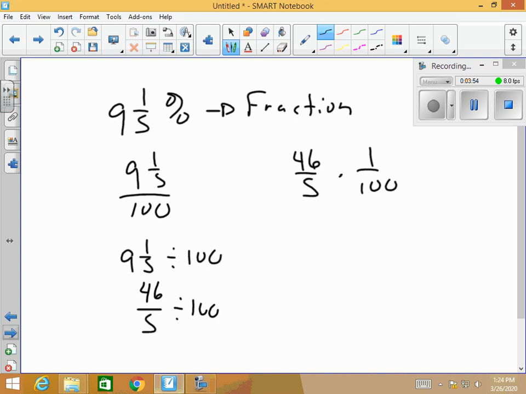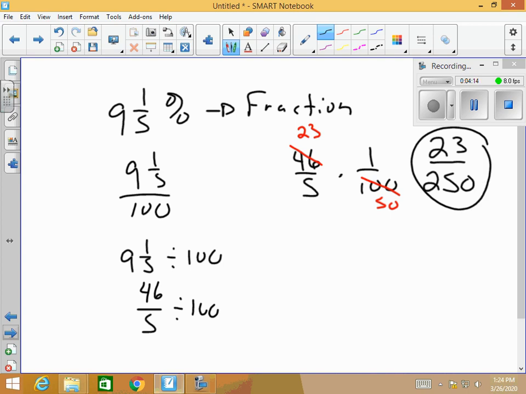I can now reduce, and I can take a 2 out of both. When I do, I get 23 here and 50 there. Tops to tops, bottoms to bottoms. So really the same format, it all works. Just because the numbers didn't look exactly right doesn't mean we can't manipulate through those guys.